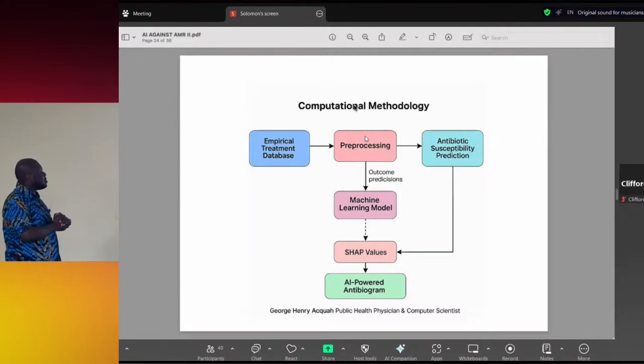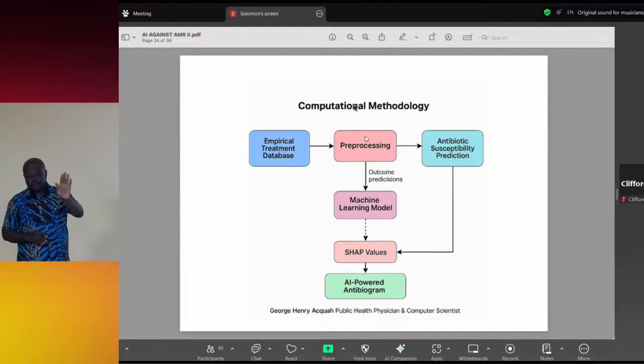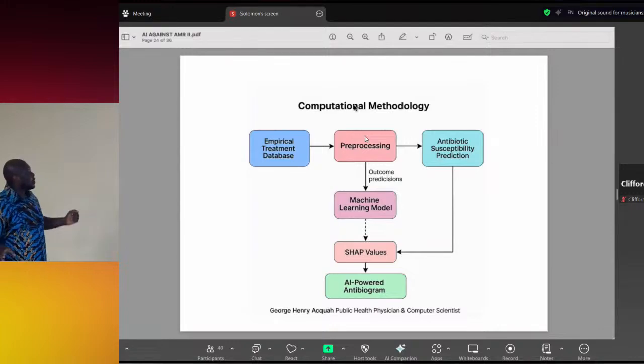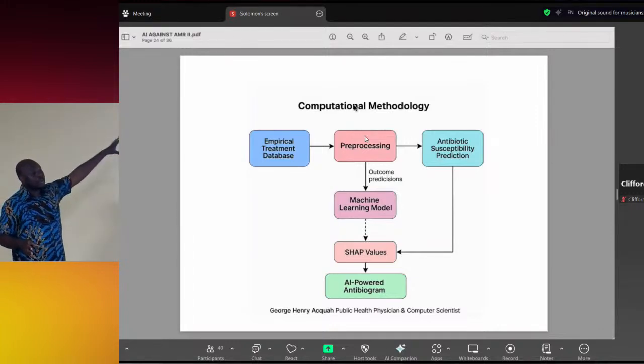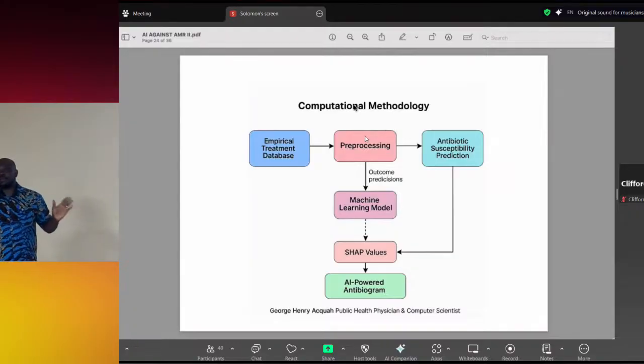So SHAP values sort of attach some degree of confidence to the outcomes, so that when you say that this person with a fever and this presentation looks like malaria and warrants chloroquine, the SHAP value will say, well, looking at the values you have over there compared to a real world scenario, you are speaking with, let's say, a 90% degree of confidence.